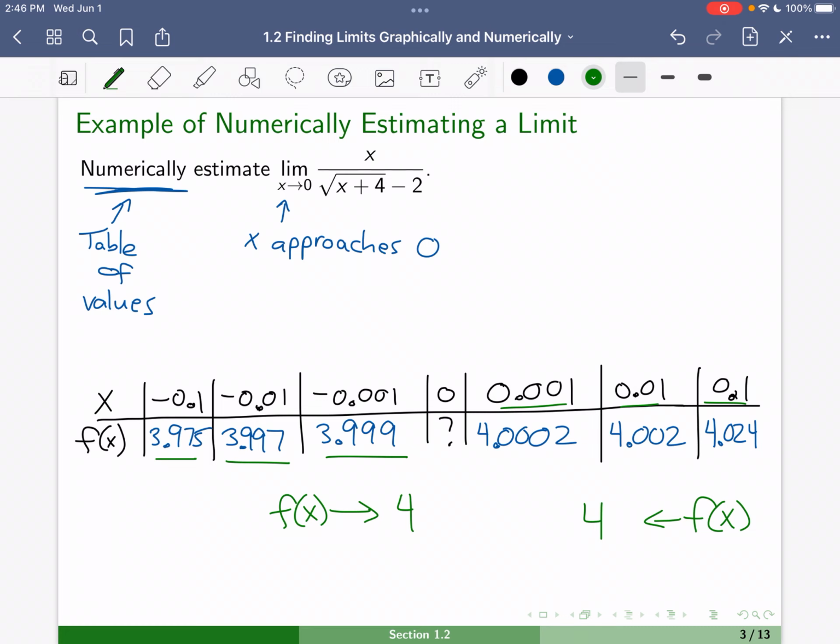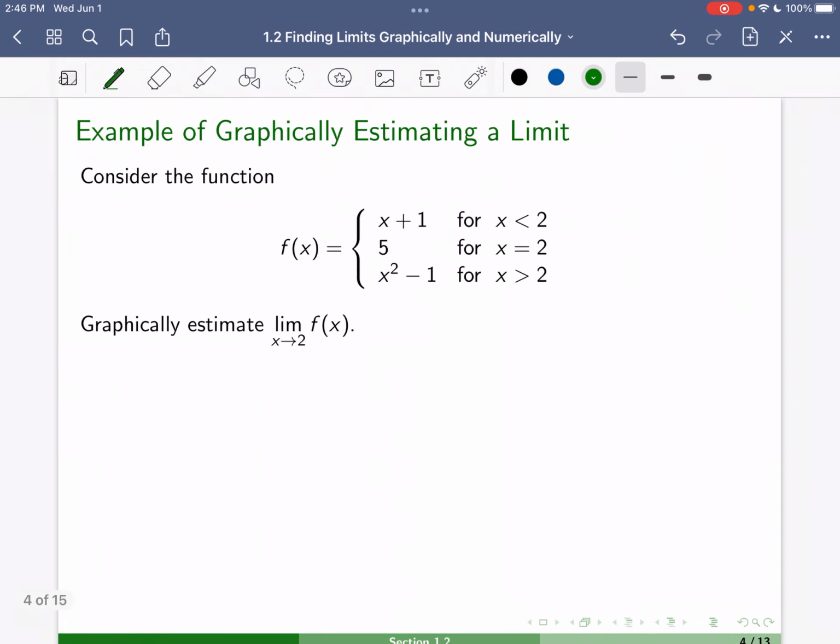So whether we start with values of x to the left or to the right, our function appears to be settling in on 4 from either direction. So that's what we're looking at. So that was a numerical estimate of a limit. Let's take a look at another example.